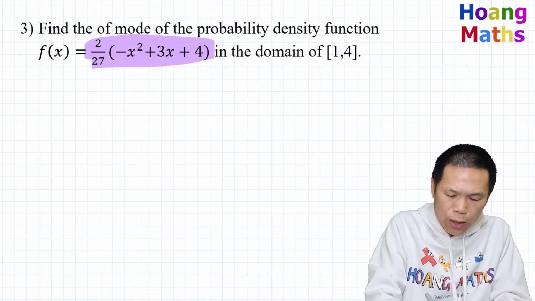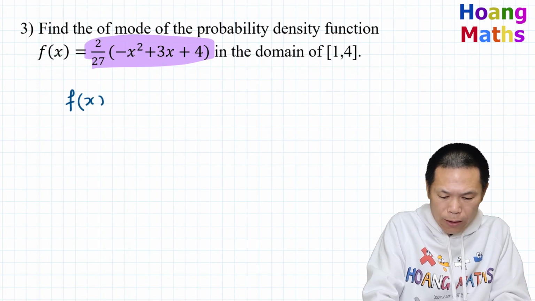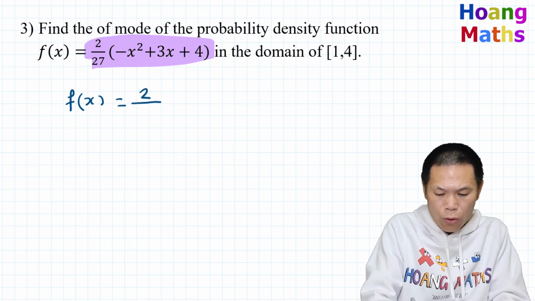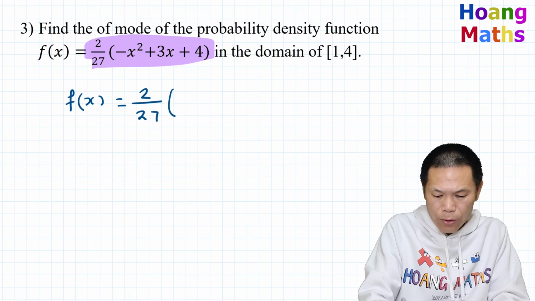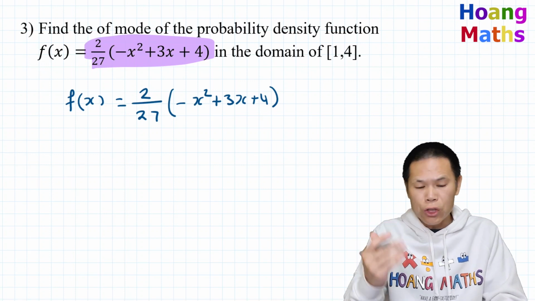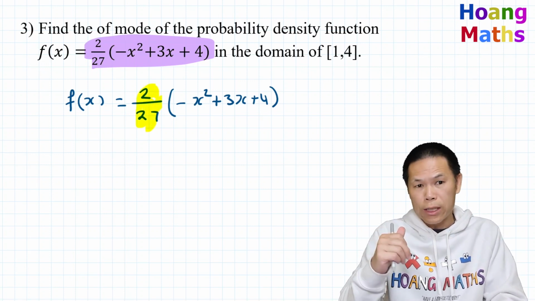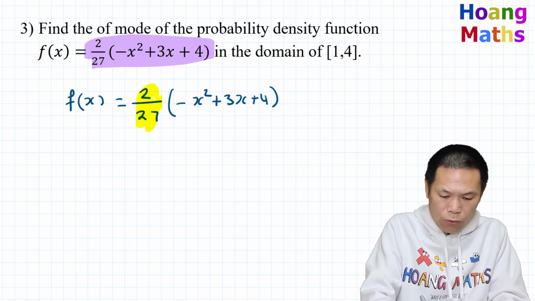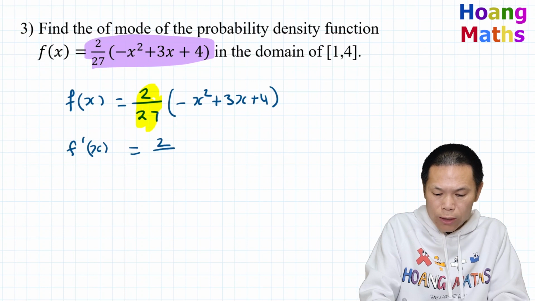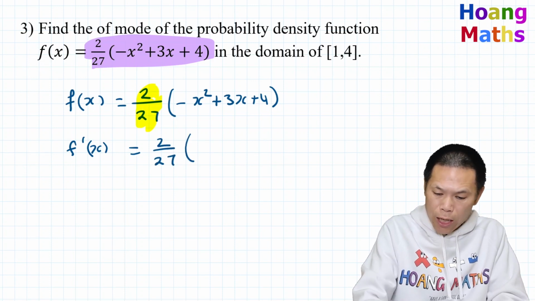First of all, let me write down f(x) is equal to 2 over 27 times negative x squared plus 3x plus 4. If we differentiate this, we know that 2 over 27 is a constant, so we just write this down first. So f'(x) is equal to 2 over 27, and we differentiate x squared.